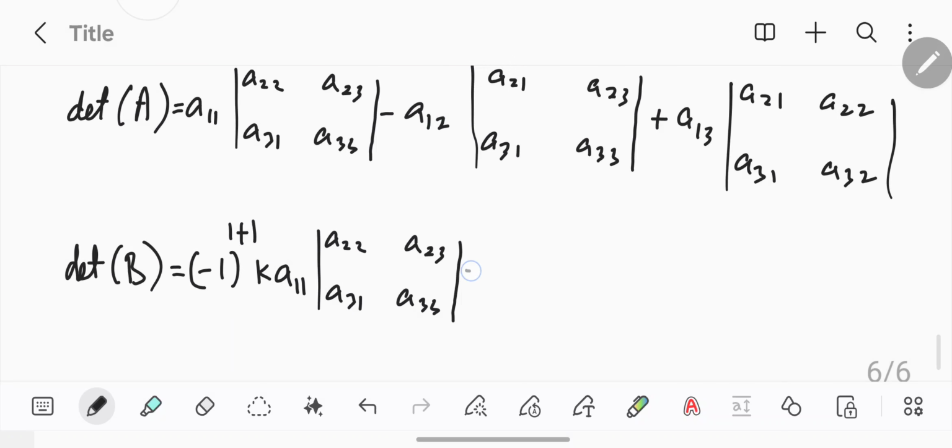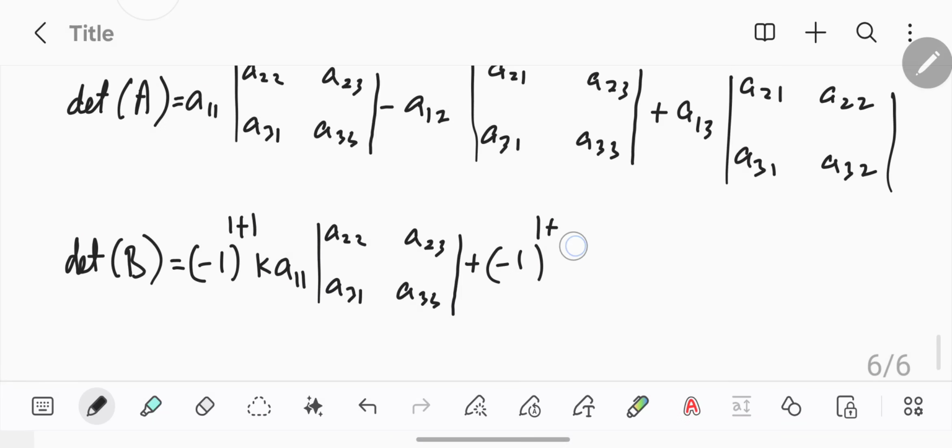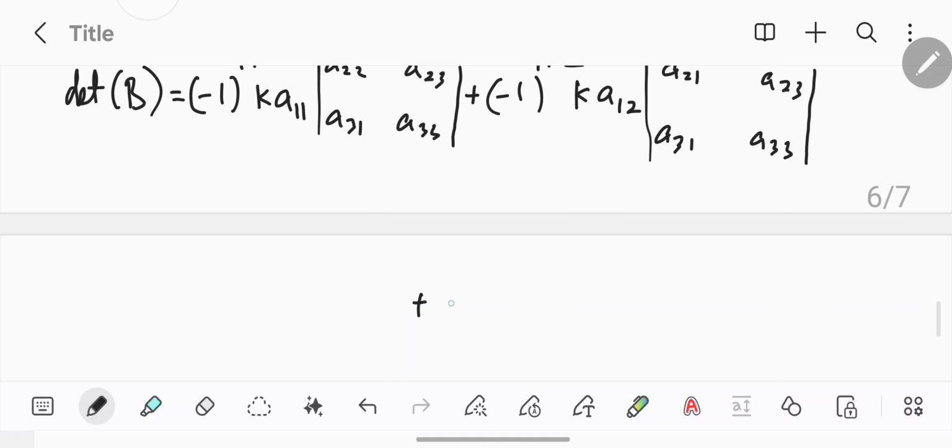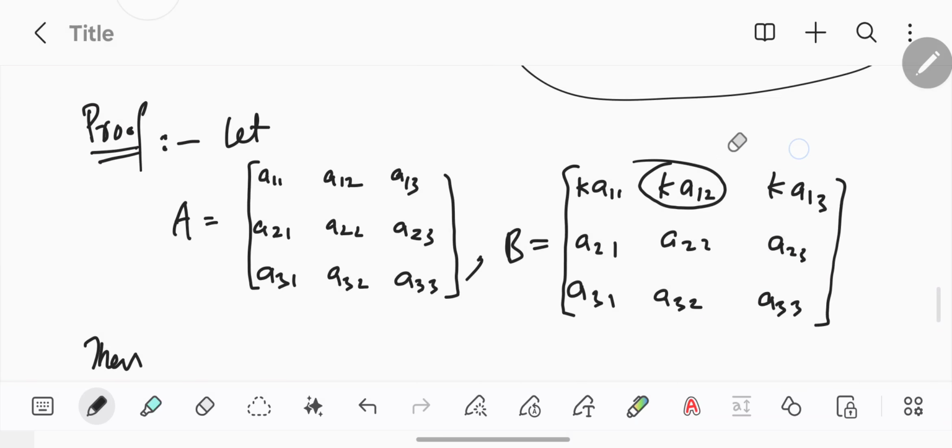So I write negative 1 to the power 1 plus 2 times kA12 times this determinant, plus the last element, negative 1 to the power 1 plus 3 times kA13, because this element is kA13. If I ignore its row and column, I will get this.